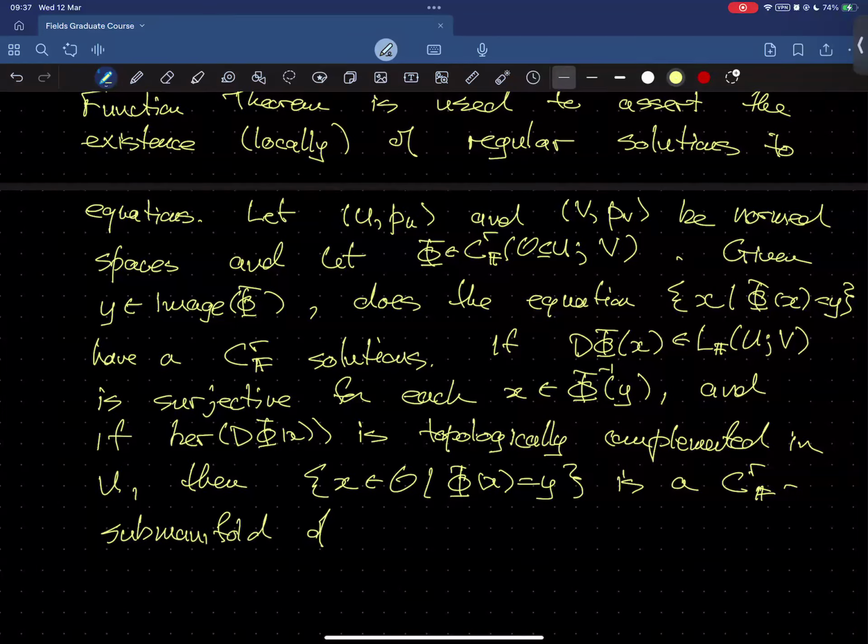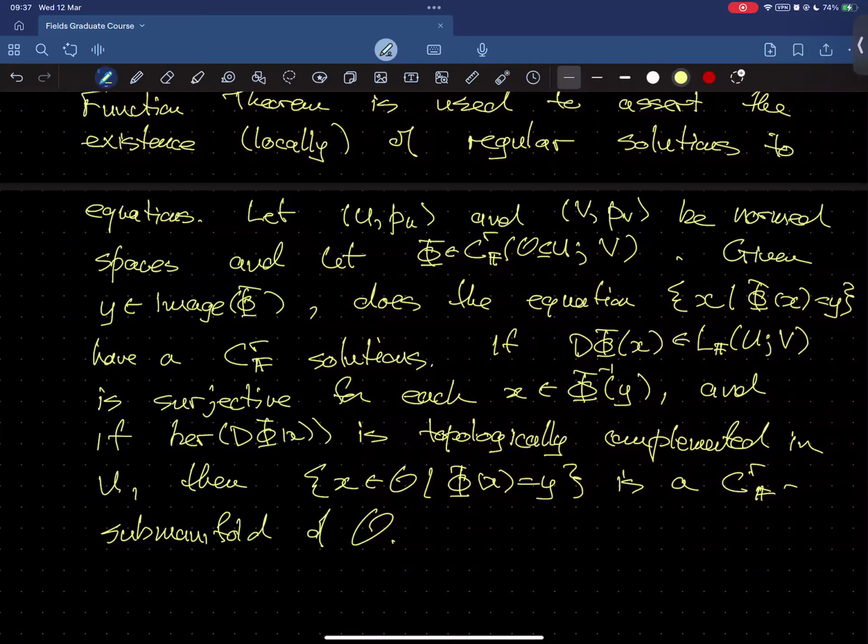Like I said, there are other versions. This is a very simple version of the implicit function theorem. It's actually a consequence of what you would really take to be the implicit function theorem. But the point I wanted to make is that this requires this condition.